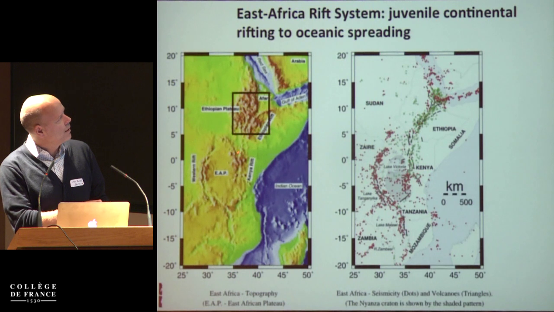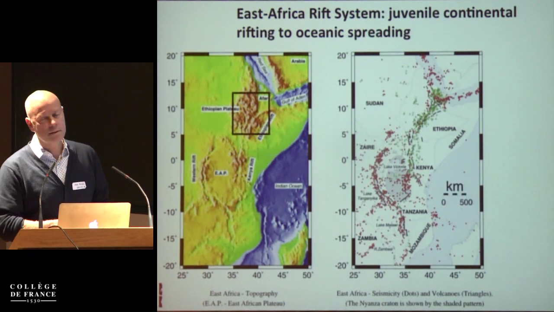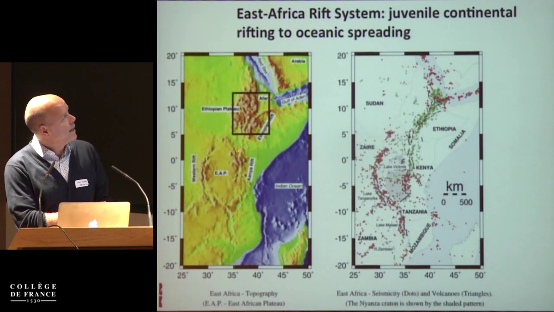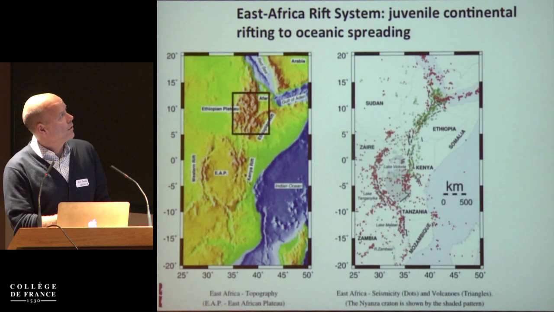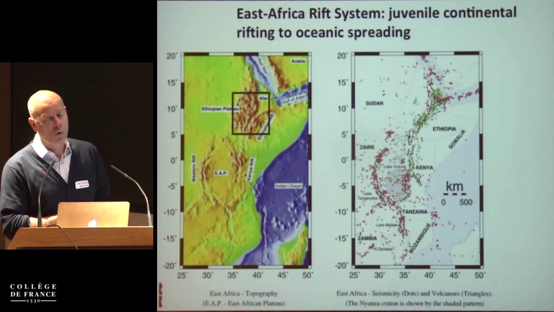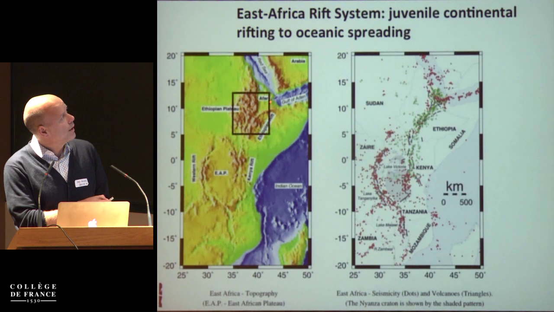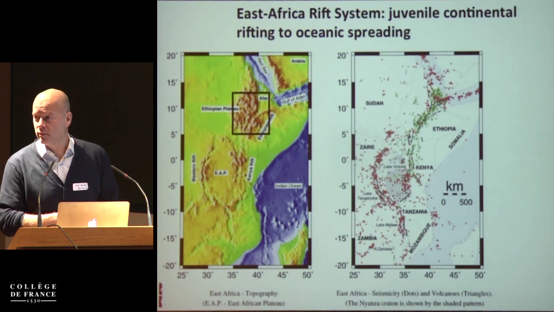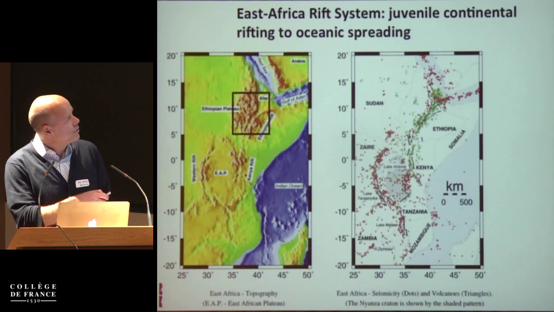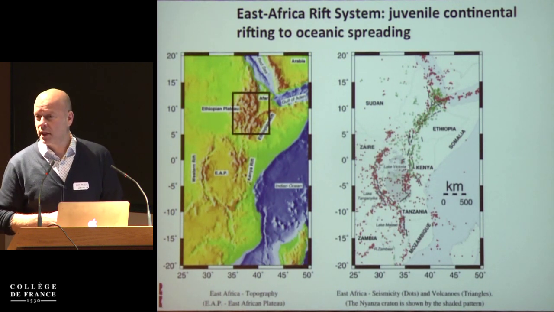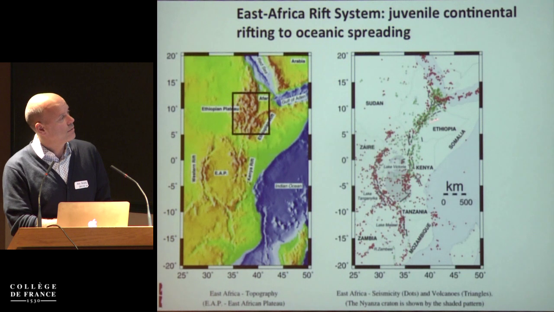It goes through the Turkana Depression and then into the more advanced stages of continental rifting in the main Ethiopian rift, and then we're at the stages of incipient oceanic rifting or spreading in the Afar Triangle or the Horn of Africa. At this point we're at a triple junction between the Red Sea and the Gulf of Aden, which are obviously a bit more advanced. We already have a sea or an ocean opening up, but if you look at the whole system, it covers everything right from the juvenile stages to the final stages of rifting.